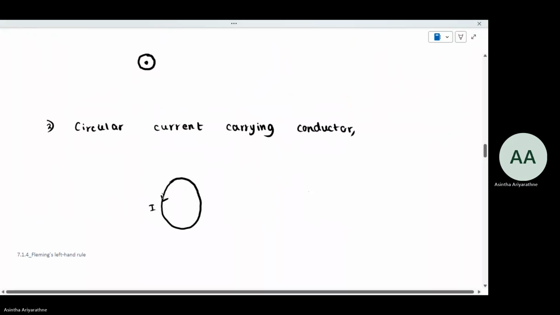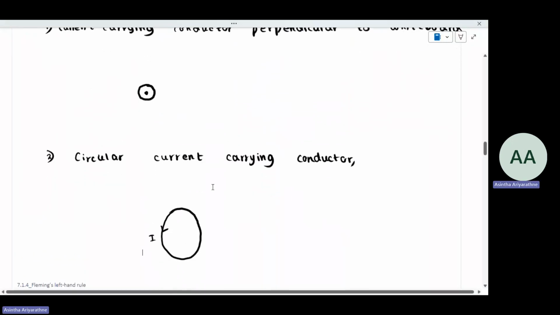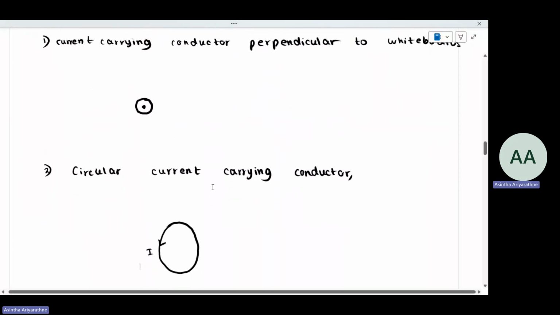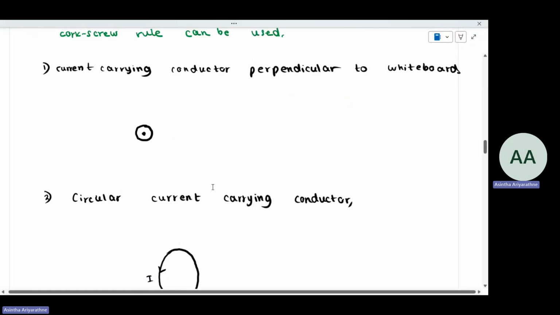Then there would be a magnetic field induced on both of these occasions: the current carrying conductor perpendicular to the whiteboard, and the circular current carrying conductor.